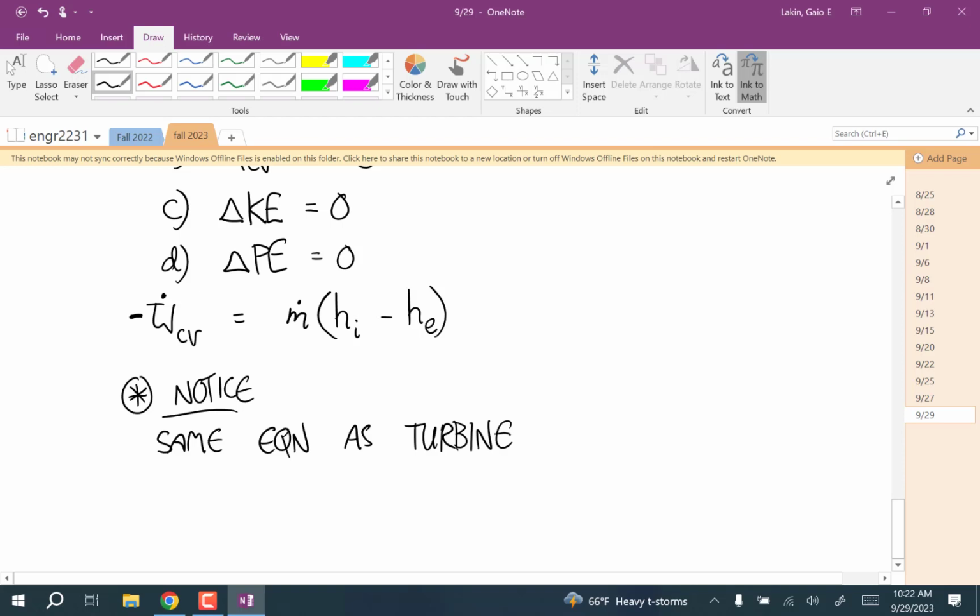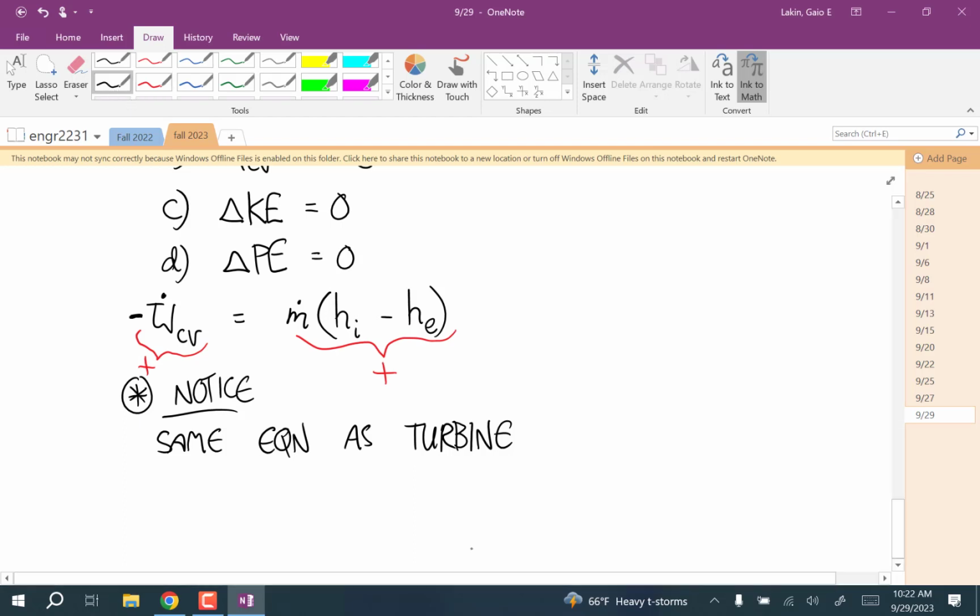But a pump is very different from a turbine. So what's going on in this that's different from a turbine? Enthalpy instead of kinetic energy. I think actually, yeah. So both of these two sides are positive.